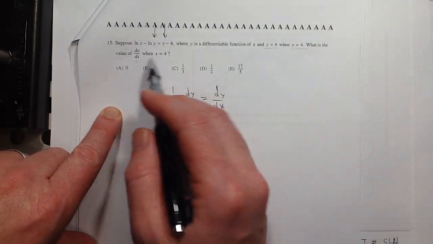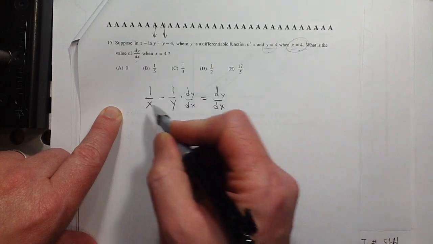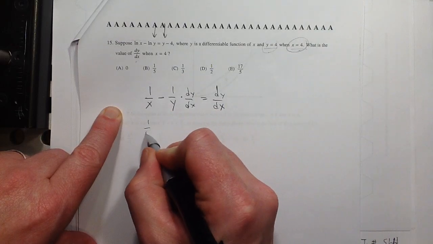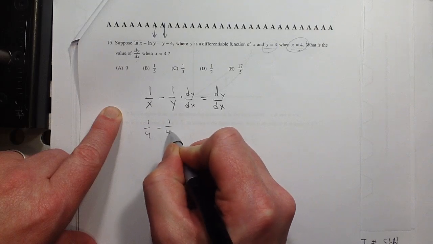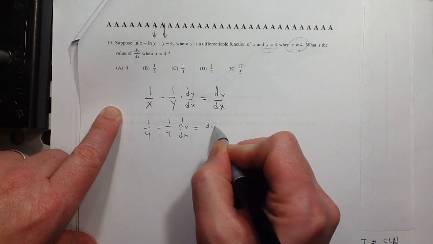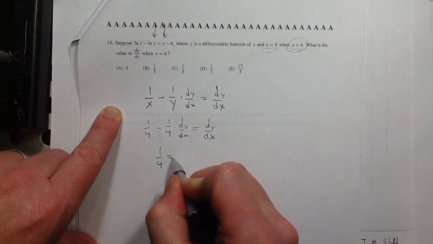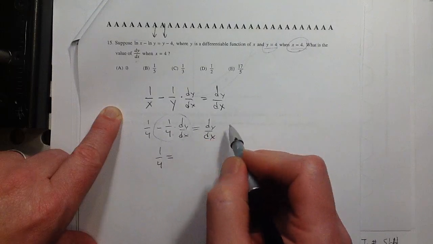So they want to know what's dy/dx when x equals 4. Well, they told us when x equals 4, y equals 4 also. So that's 1/4 minus 1/4 times dy/dx equals dy/dx. Sorry that you have to do algebra here, but that's the nature of the game. I need to add this to the other side.